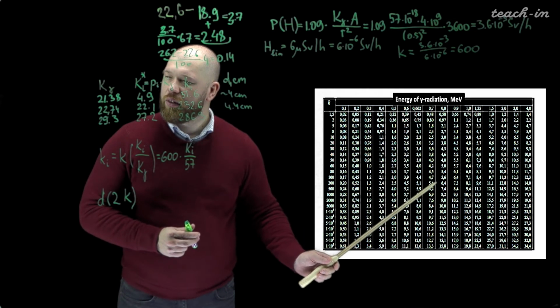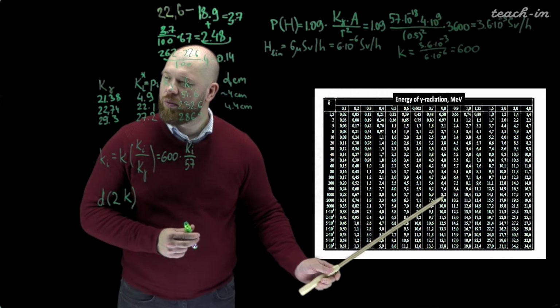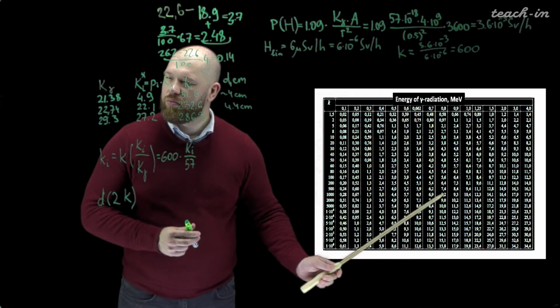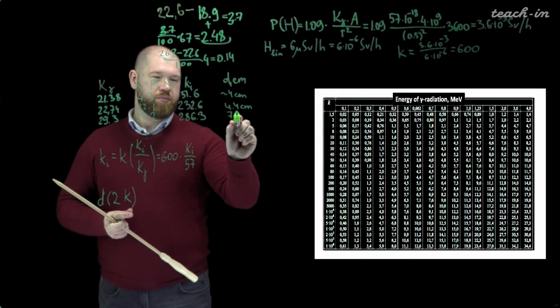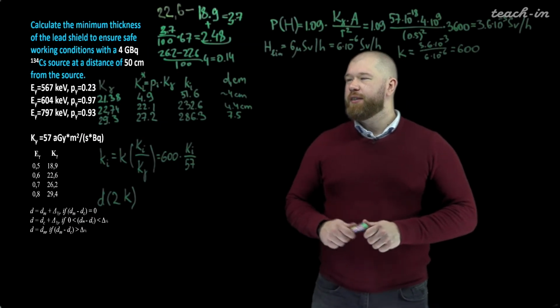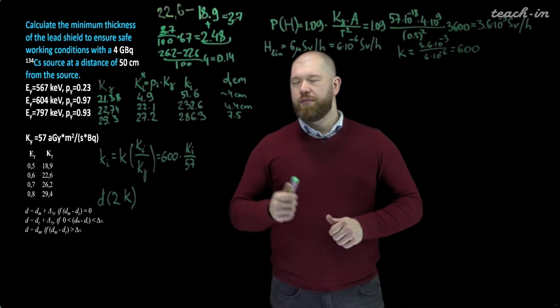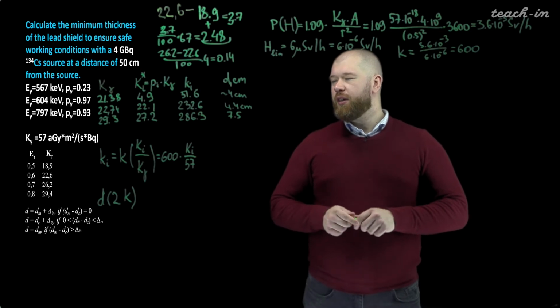Okay, and we can find it somewhere here, between 7.4 and 8.2. So it will be very close to 7.5 centimeters. Okay. So now we have the thickness values for all of our gamma lines.